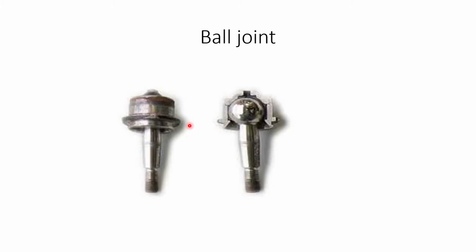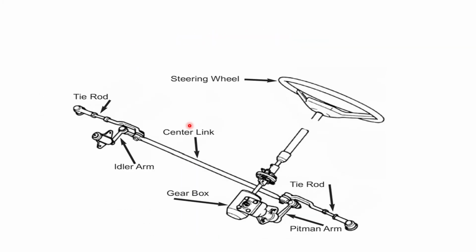This one is the pitman arm. This pitman arm is connected to the steering knuckle present here. That is, the pitman arm and steering knuckle will be connected with the help of this center link or drag link.